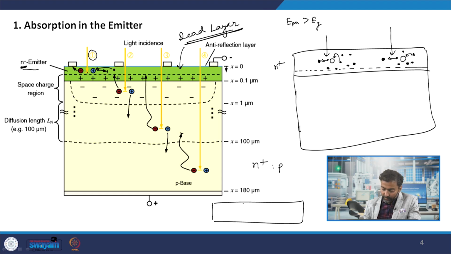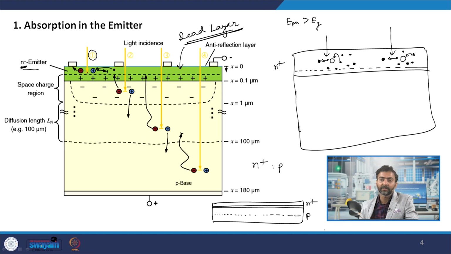Suppose I am making a solar cell like that. You have the p side here and the n plus side here, and I have doped the n plus side very heavily. So even if I take a thin slice of material from the n plus side, the number of excess electrons on this side will be sufficient to occupy the number of excess holes which are present in a much larger depth on the p side.